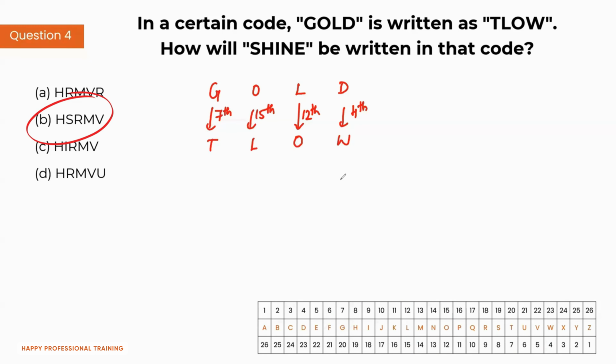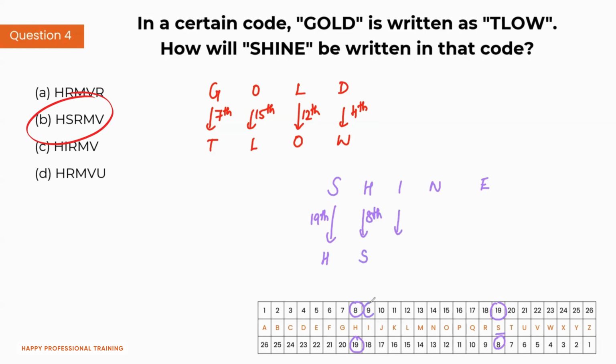Now, let's apply the same pattern to the word SHINE. S is in the 19th position. In reverse order, 19th has the letter H. Now, H is in the 8th position. Reverse order has S for 8th position. Similarly, I is in 9th position.